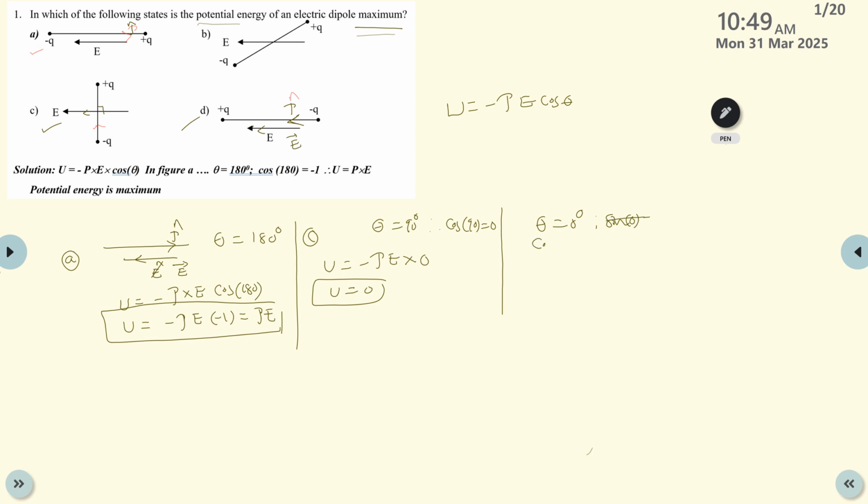Cos 0 equal to 1. Then U equal to minus P into E into 1, U equal to minus PE. You see, here the quantity is negative, there it is positive. The positive quantity is more, it is for diagram A. So this is the right answer.